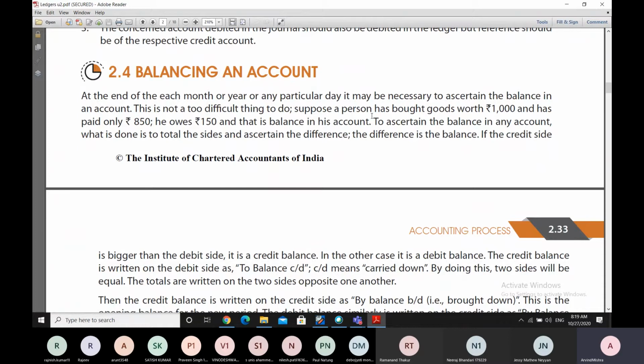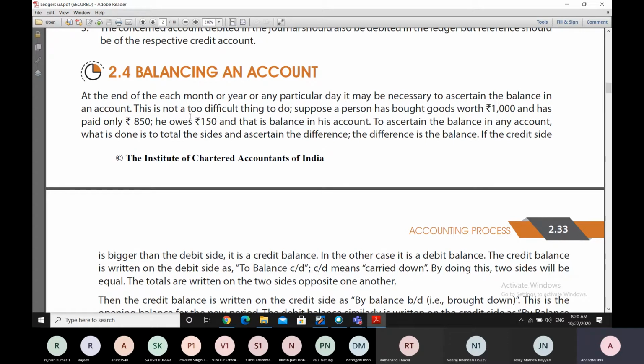For example, if the page is changing, or if we are having a separate page for a particular day in any account, or at the end of the month or the end of the year, we may need to ascertain the balance, to find out the balance.